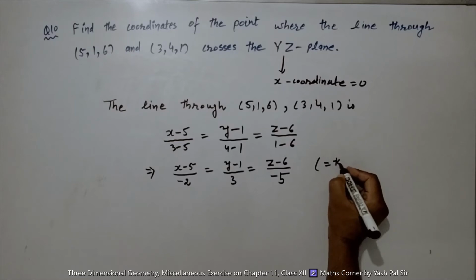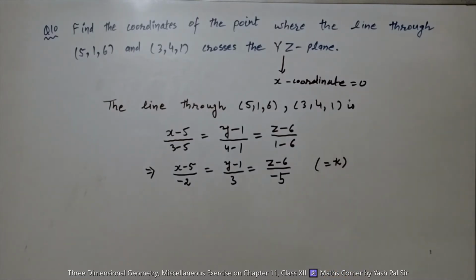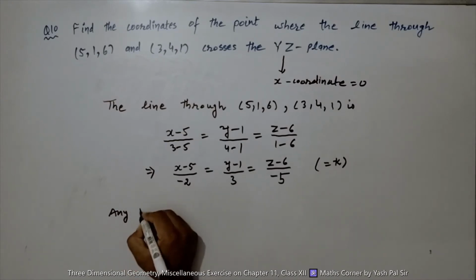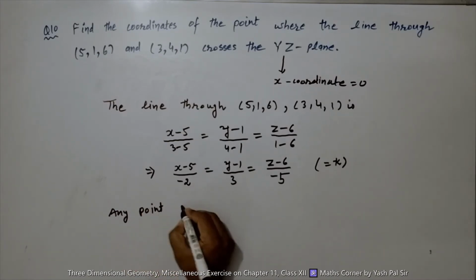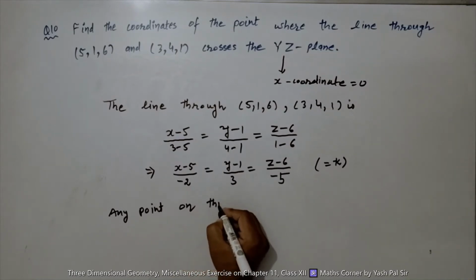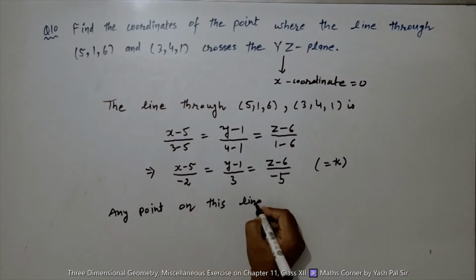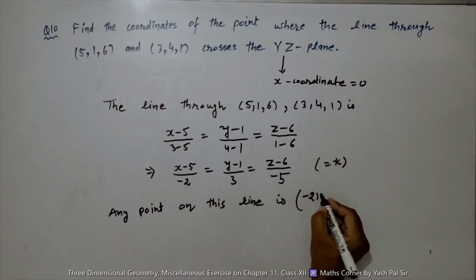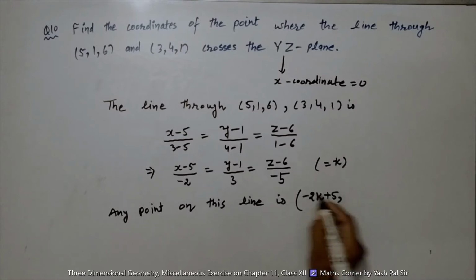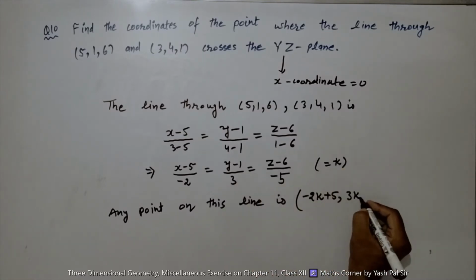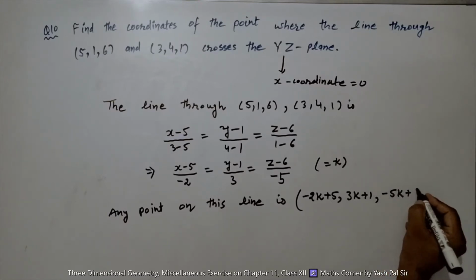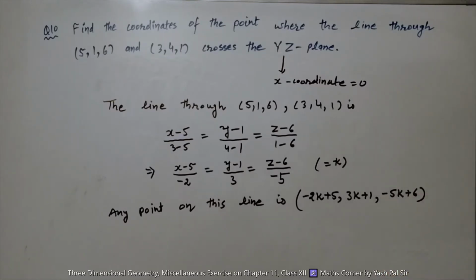So all these three members, suppose they are equal to k, right? So any point on this line is (minus 2k plus 5, 3k plus 1, minus 5k plus 6), right?